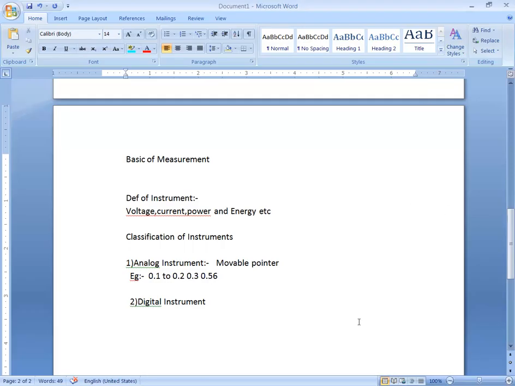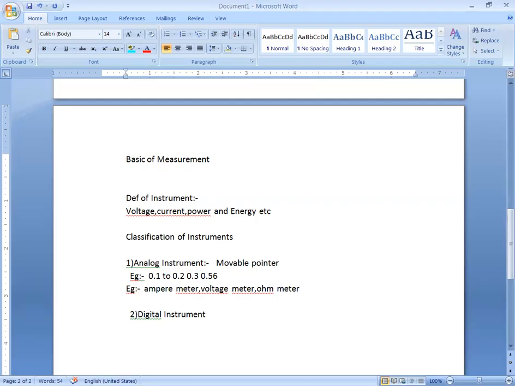Examples of analog instruments are the ampere meter, voltage meter and ohm meter.